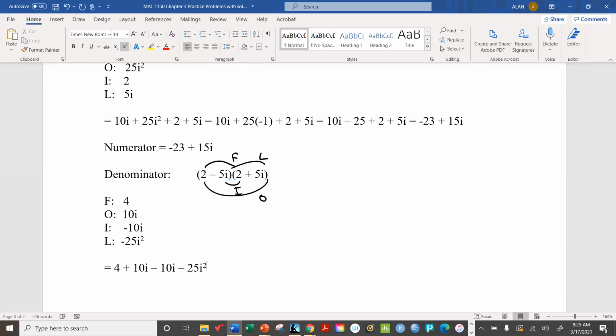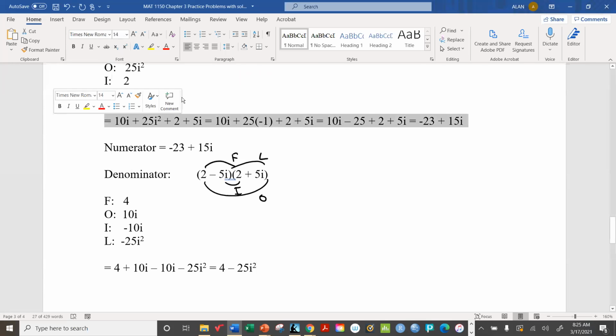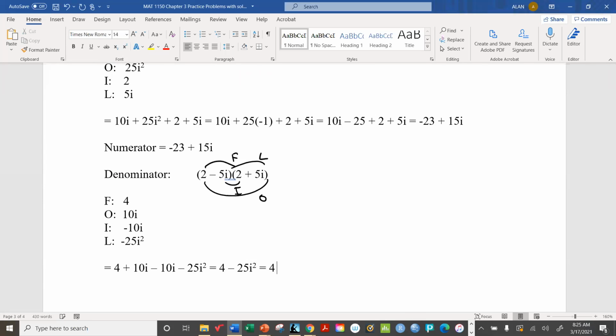So that reduces very nicely to 4 minus 25i squared, but of course i squared means there's a -1 in there. So we got 4 minus 25 times -1, and that means we've got 4 plus 25, 29. Okay, so the denominator is 29.